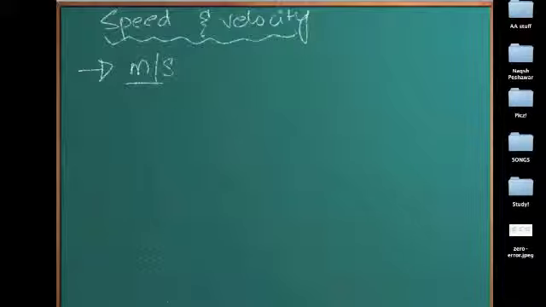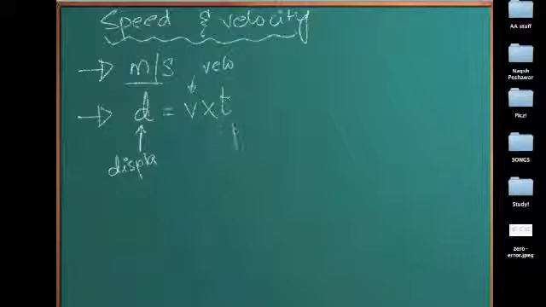Now, I'm introducing a formula right now for speed, velocity, and time that relates the three of them, which is displacement is equal to velocity into time.